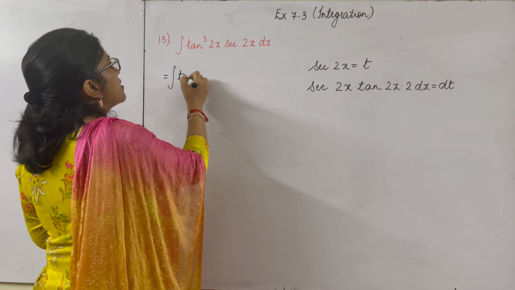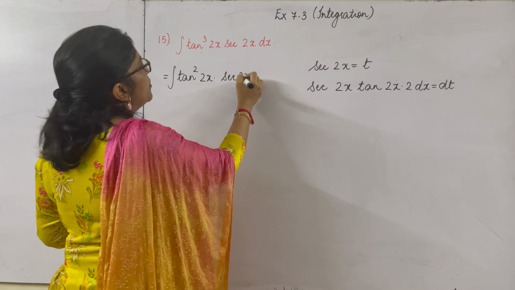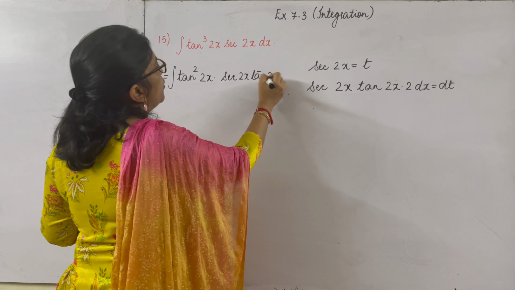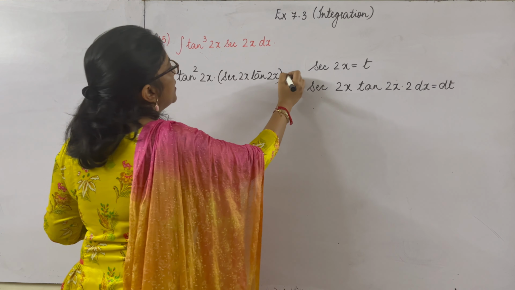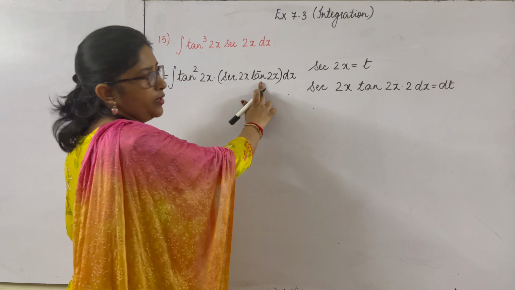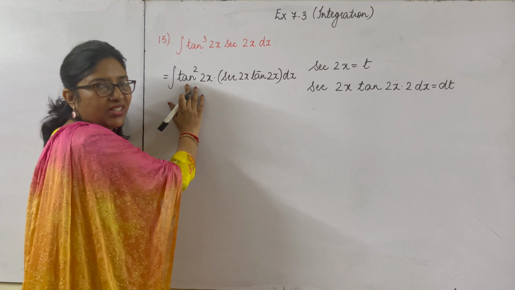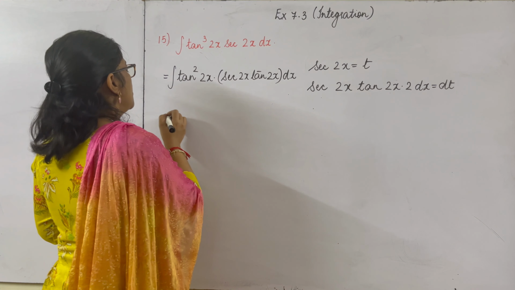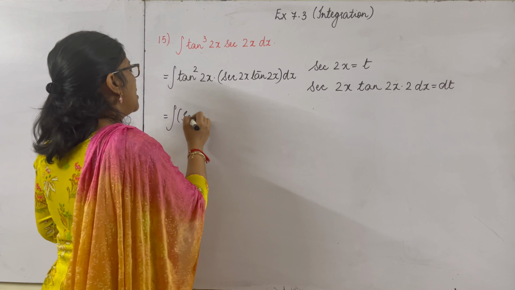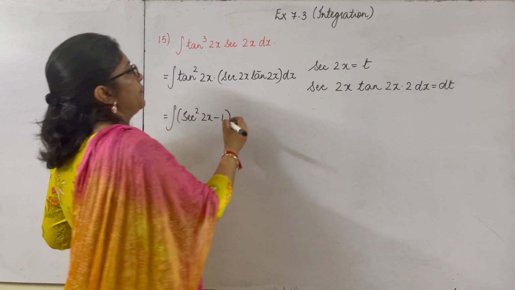Let's split this up as tan square into one more tan over here. Out of the tan cube, we have written square and one term over here. Okay. So, we have the derivative here, but our substitution is not tan, it is sec. So, let's write tan square as sec square minus 1.